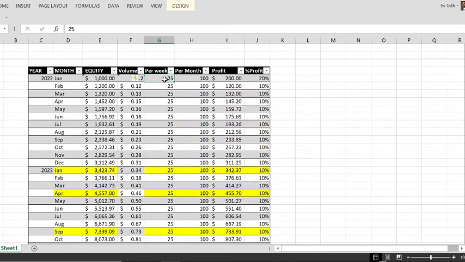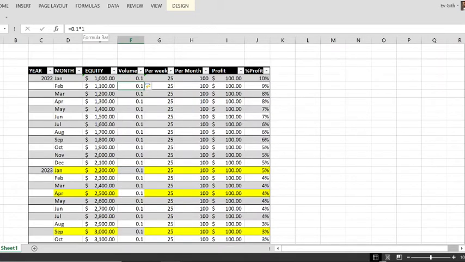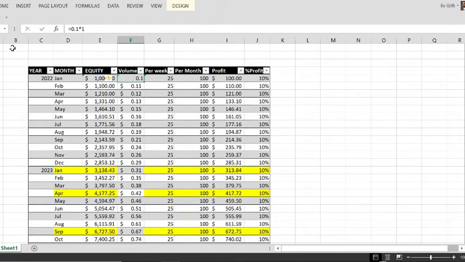Getting 25 pips per week is very easy, a very little number of pips to make.